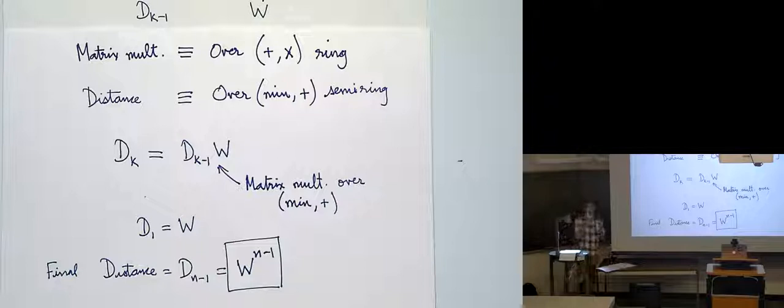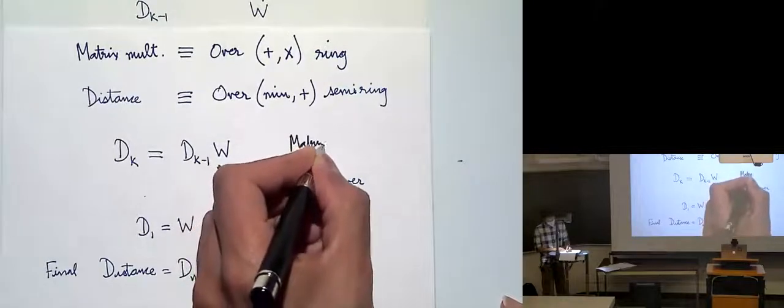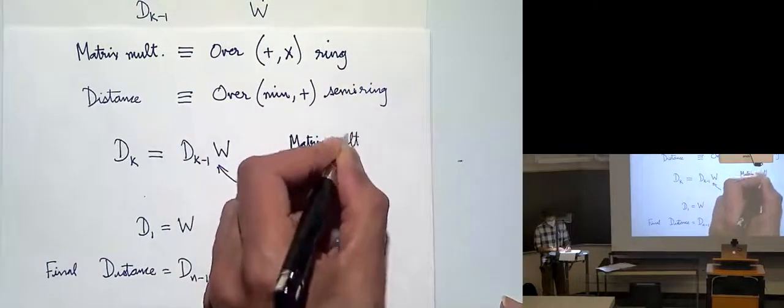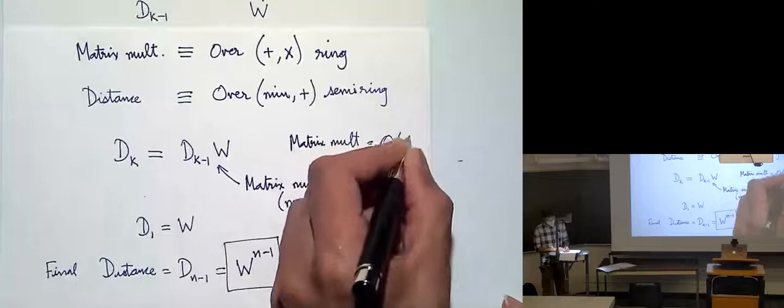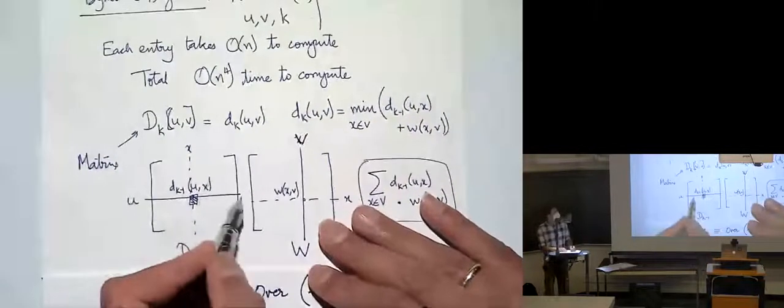Now at this point, there's no obvious improvement, because each matrix multiplication costs O(n cubed).